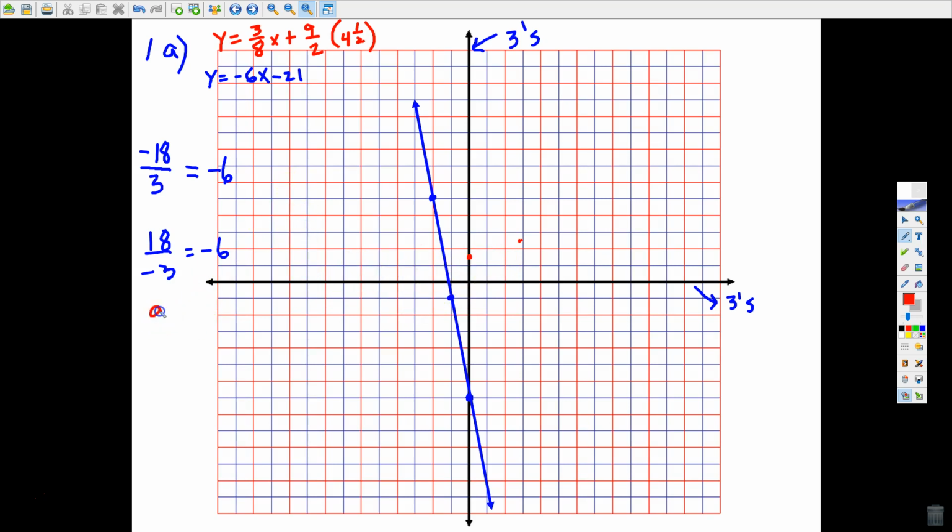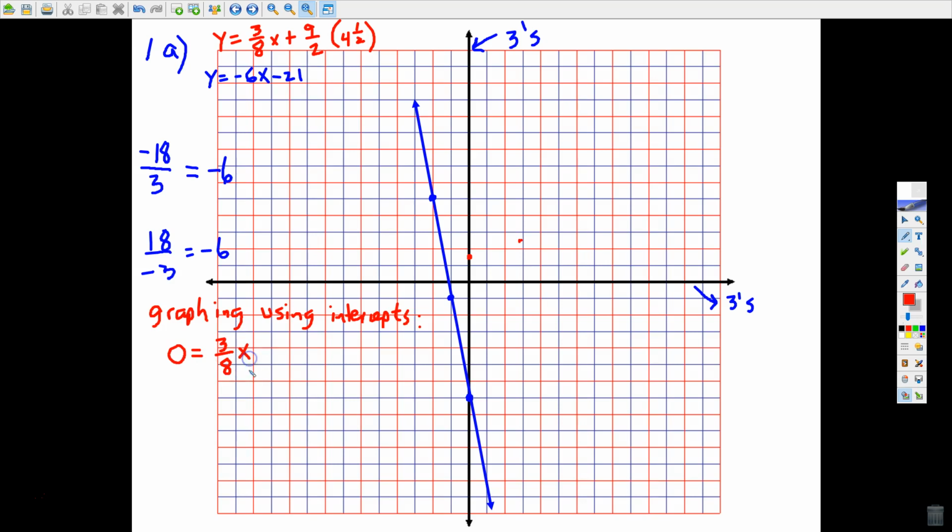You can also graph by using intercepts. We've already used the y-intercept, so that part's already done. We know how to look at this constant, and whatever that number is, we plot it on the y-axis. But what about using the x-intercept as well? Sometimes that comes in handy.